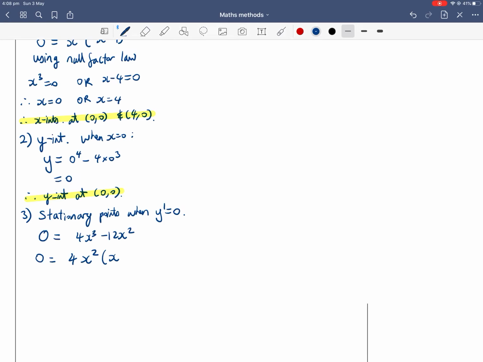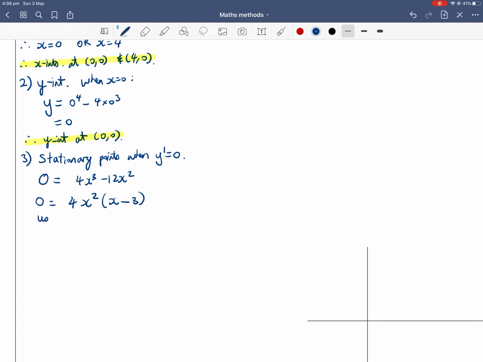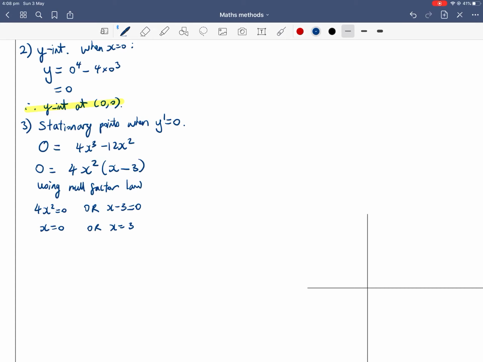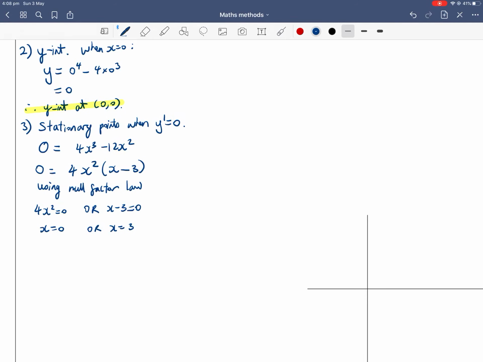I can factorize out a 4x squared, so I'm left with x minus 3. So using null factor law, 4x squared equals 0, or x minus 3 equals 0. If 4x squared equals 0, then x is equal to 0, or x equals 3. So we've got two possible stationary points, when x equals 0 and when x equals 3.